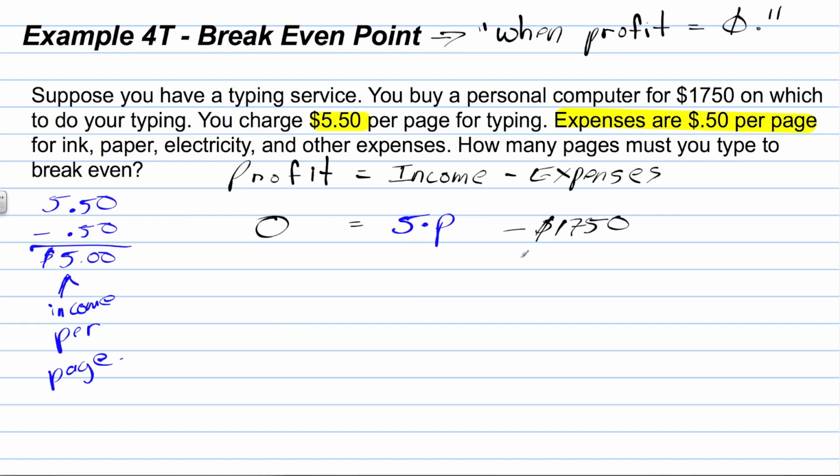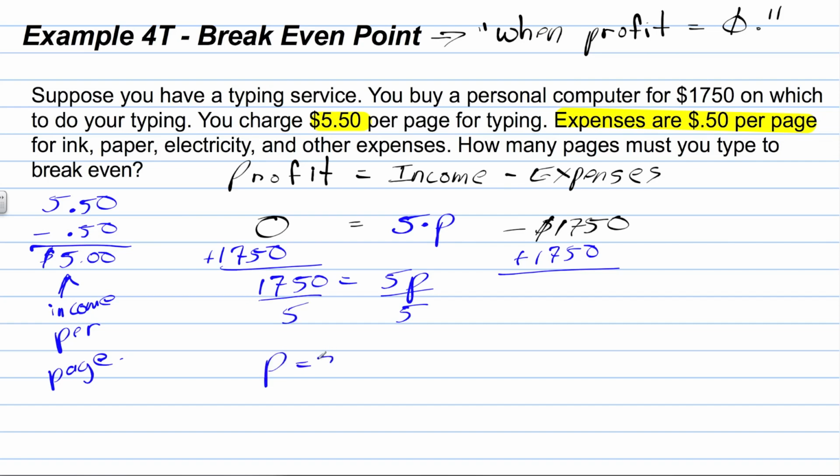So we solve this equation by adding 1,750 to each side. That gives us 1750 is equal to 5p. Then we divide each side by 5, and we end up with p being equal to 375. That'd be 375 pages to break even.